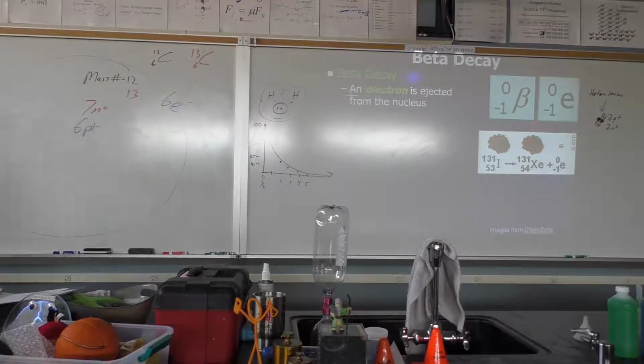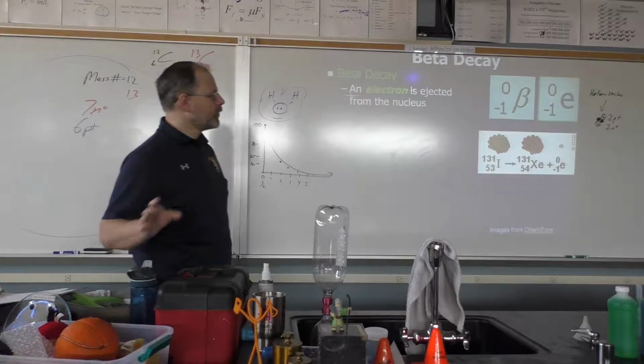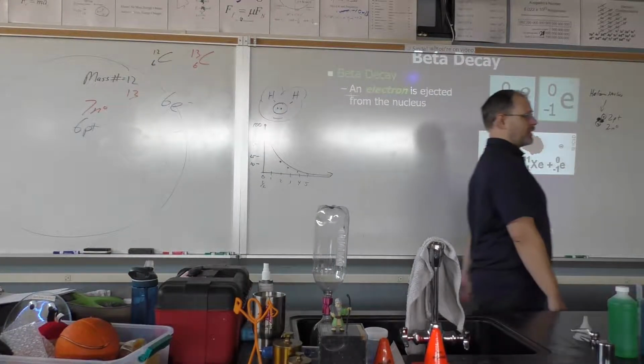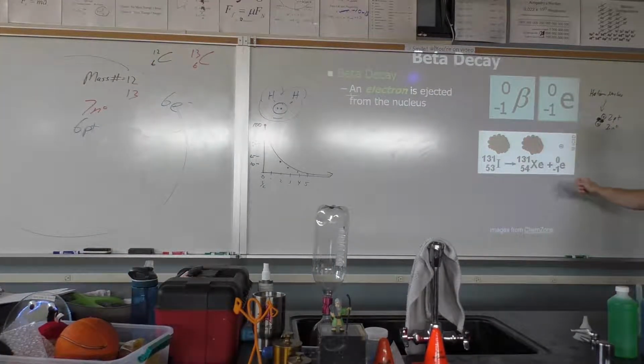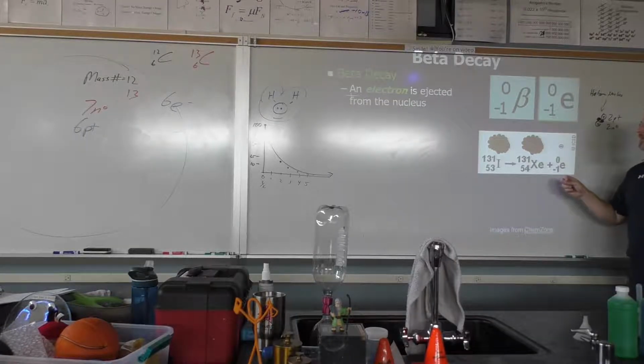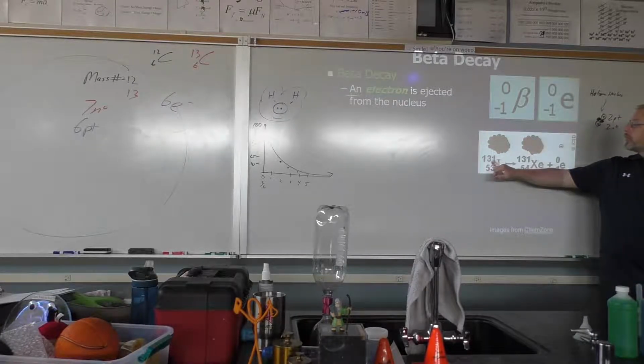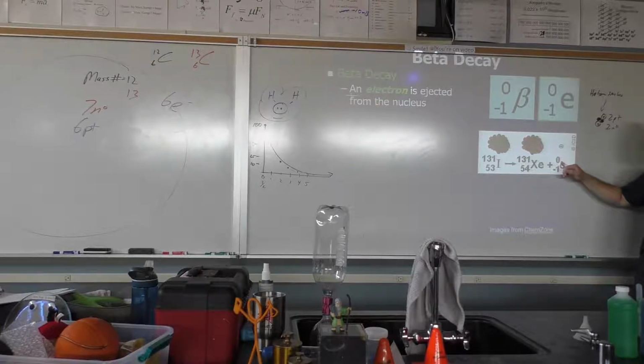Now, beta decay is really interesting because what is the charge of an electron? Negative. The charge of an electron is negative. Now, the reaction, the equation, still has to balance. 131 still has to equal 131 plus 0.